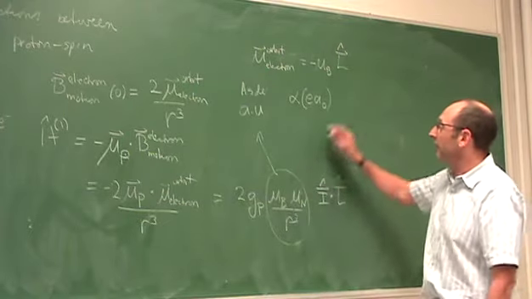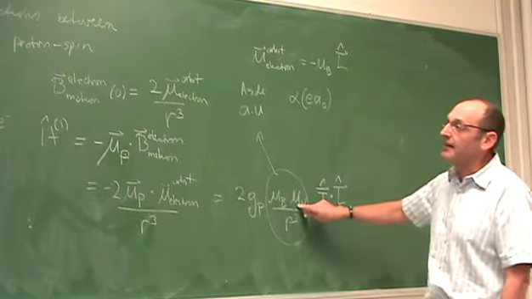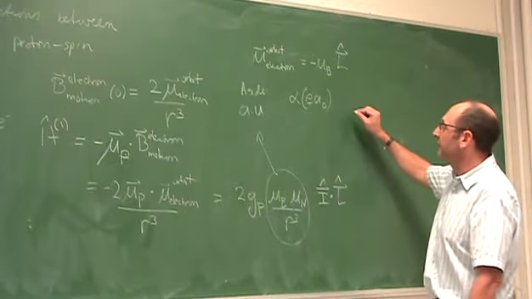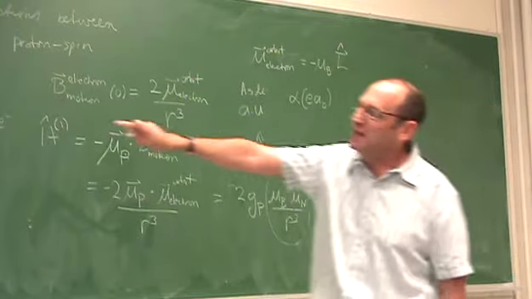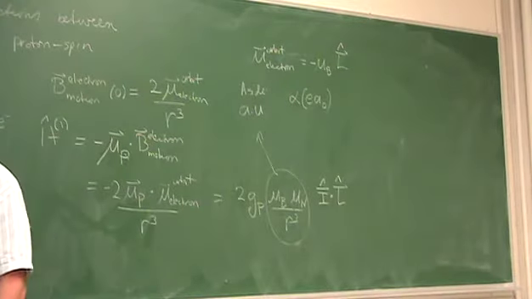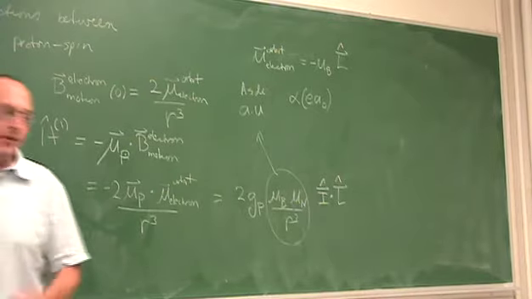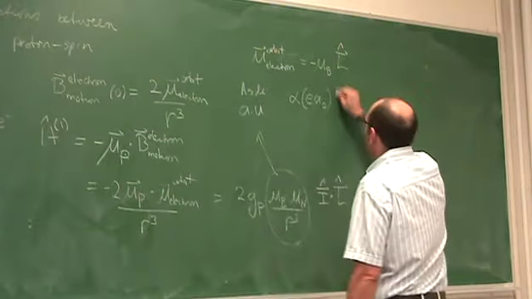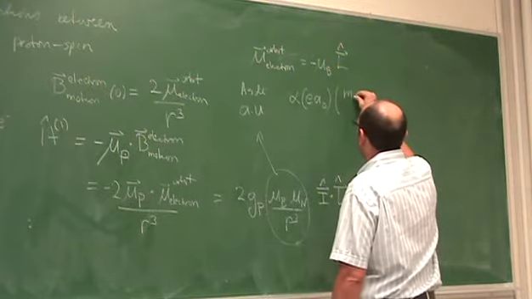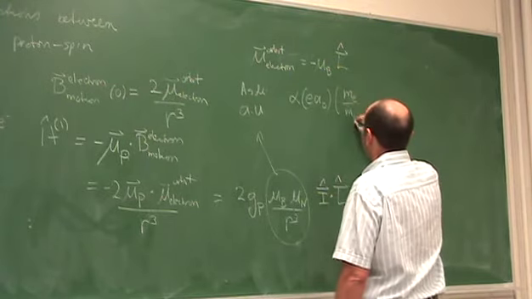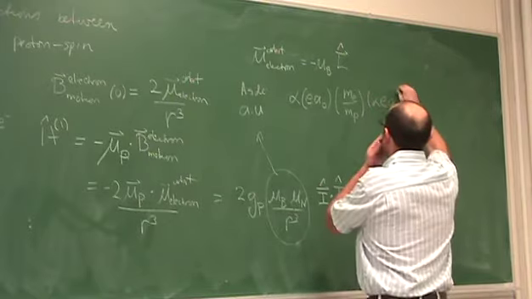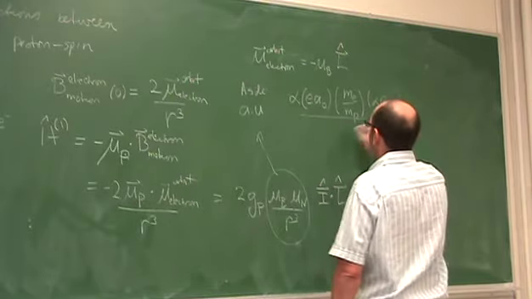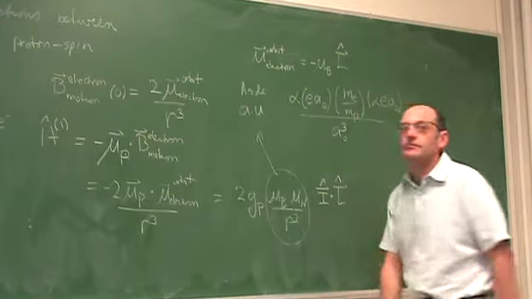Then the nuclear magneton is the same thing as the Bohr magneton, but remember, the Bohr magneton has the electron mass, not the proton mass. So we just need to scale by electron mass over proton mass times the same thing again over a naught cubed.